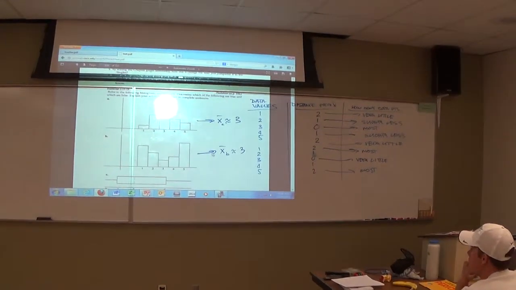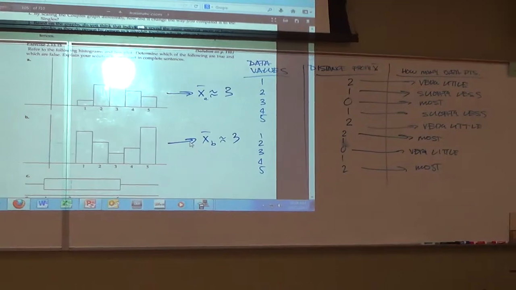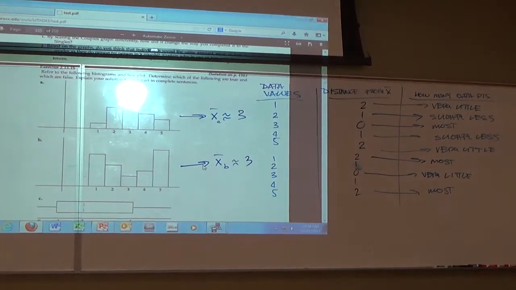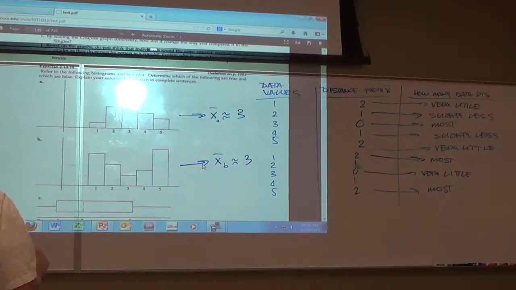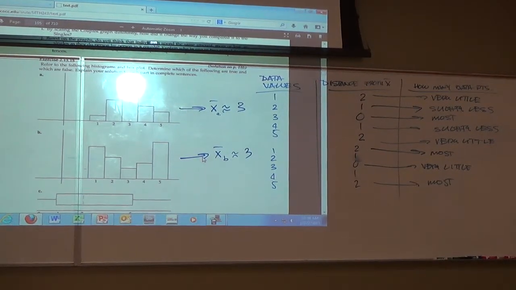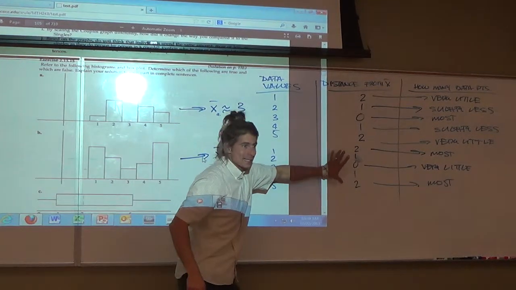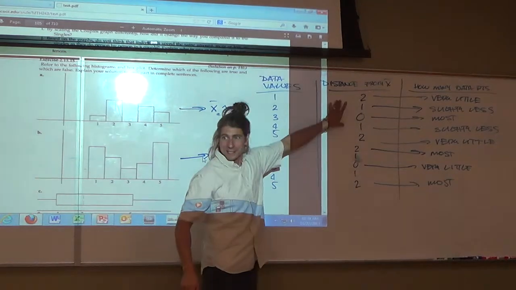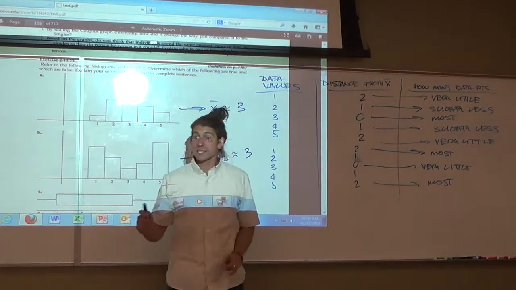So very little of the data is actually at average. When they ask us which one has a larger standard deviation, since the standard deviation, as Natalie correctly said, is an average distance, aren't the distances in this data set larger than the distances in this data set? Some are the same.